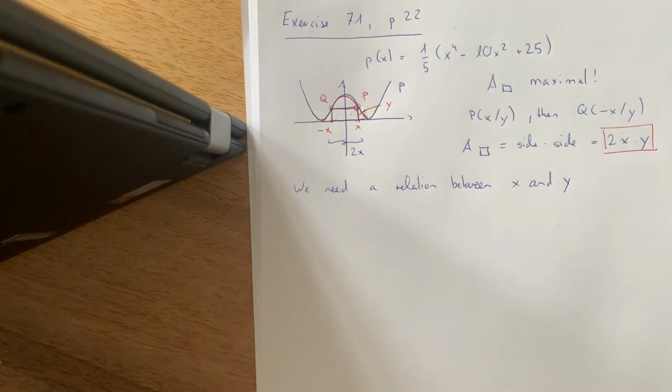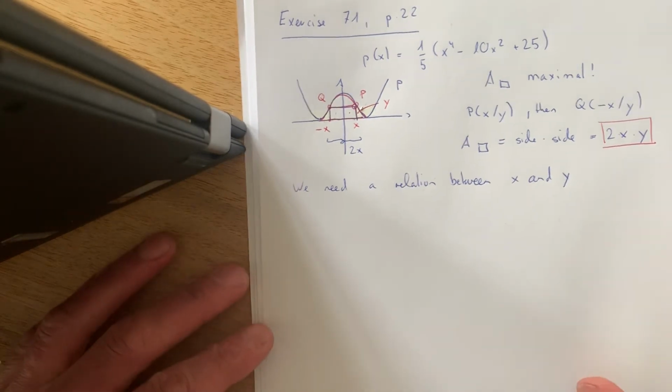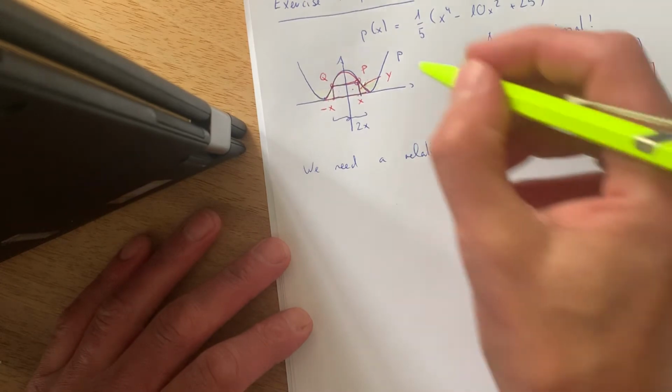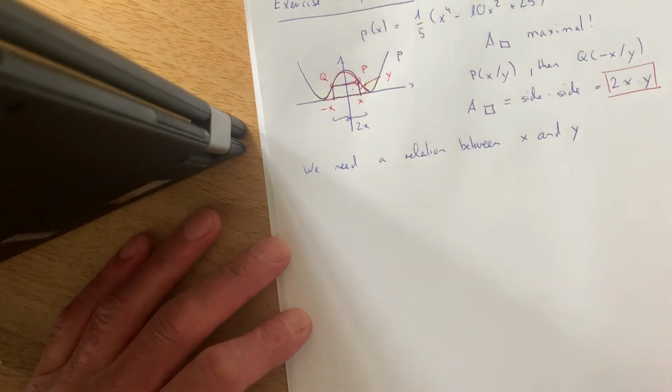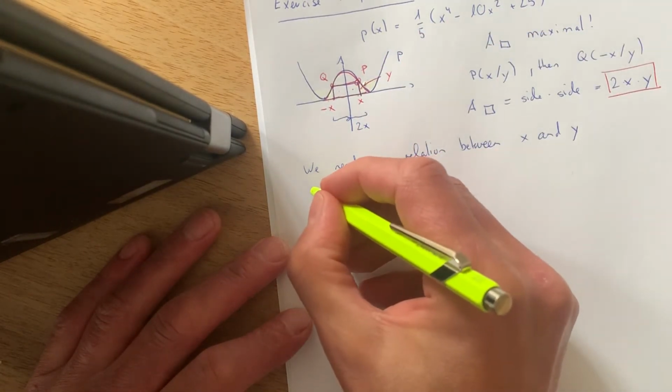And here we are using the same idea as we've used so many times before. We are going to use the fact that point P lies on the parabola.